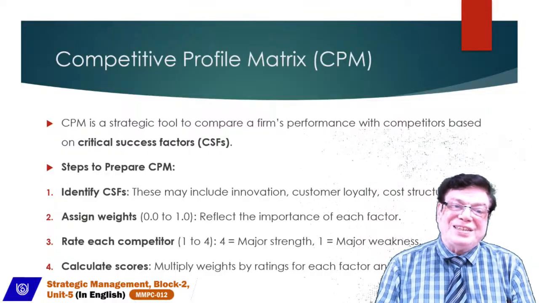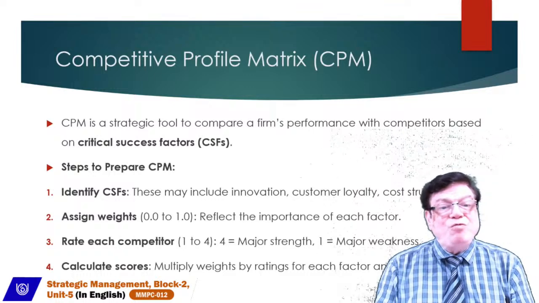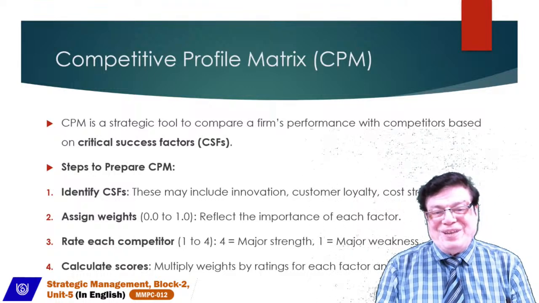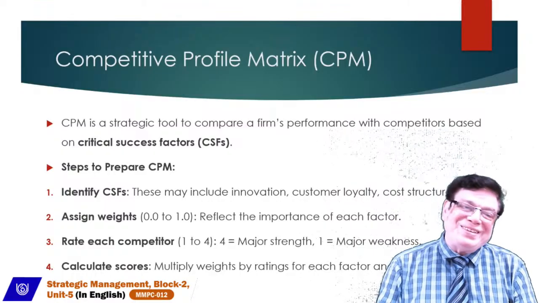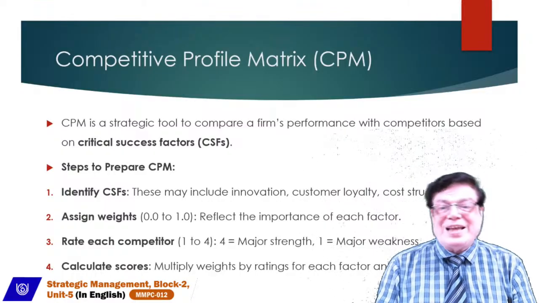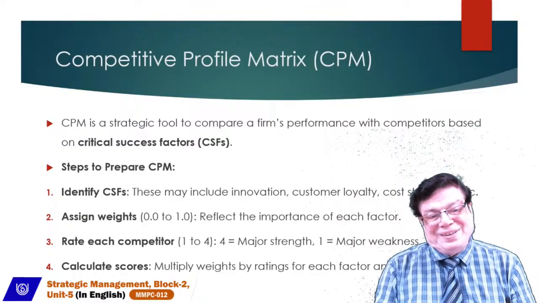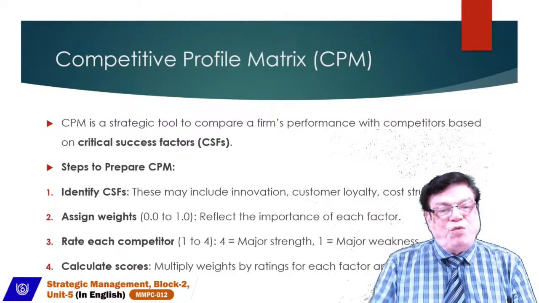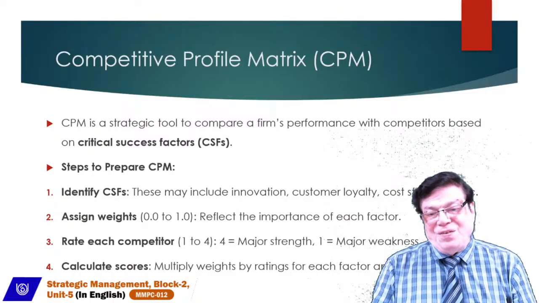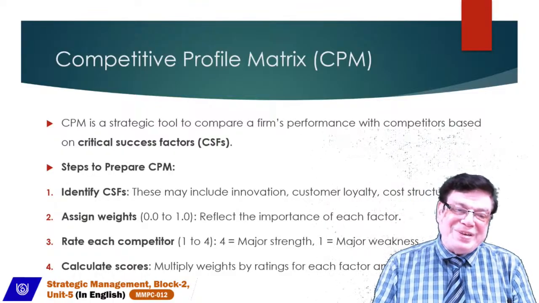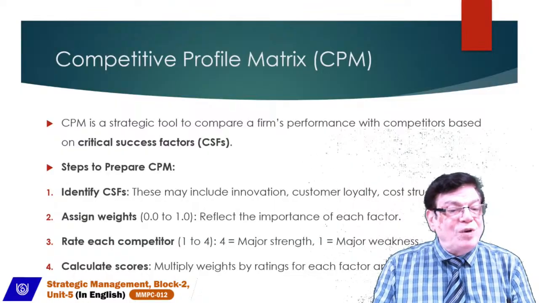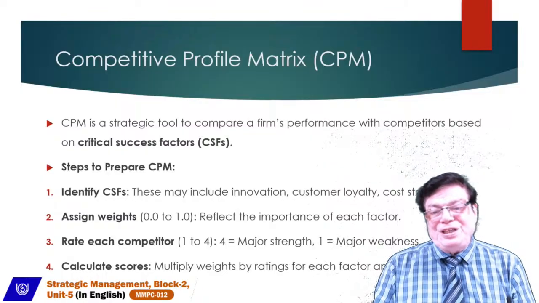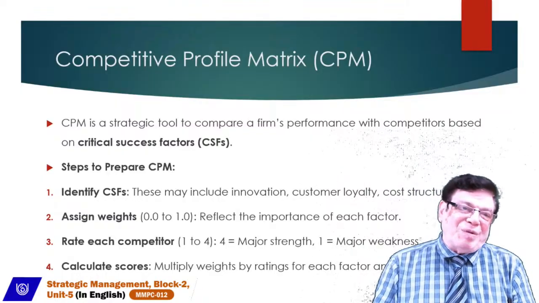Identify their critical success factors. Assign weights 0.0 to 1.0 to reflect the importance of each factor. What are the factors there? Then assign weights to those factors. Then rate each competitor, 1 to 4. 4 is major strength and 1 is major weakness. Then calculate scores: multiply weights by ratings for each factor and then sum up.